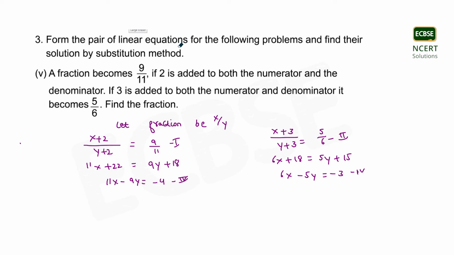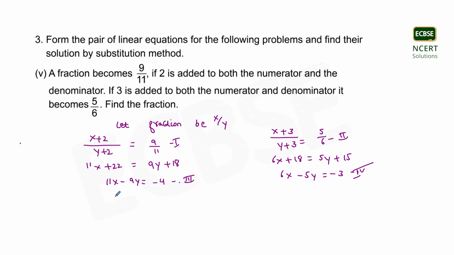We can take anything, but according to the sequence it will be first, second, so in order to avoid any confusion, we will write this equation as the third linear equation and this the fourth linear equation.